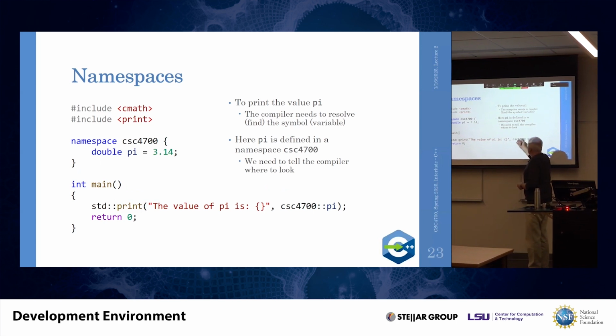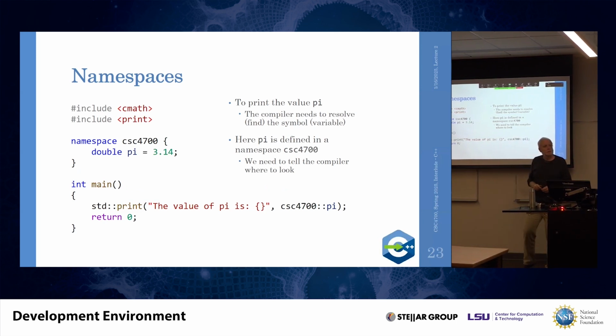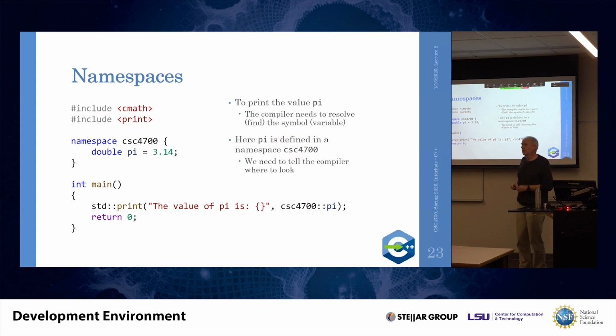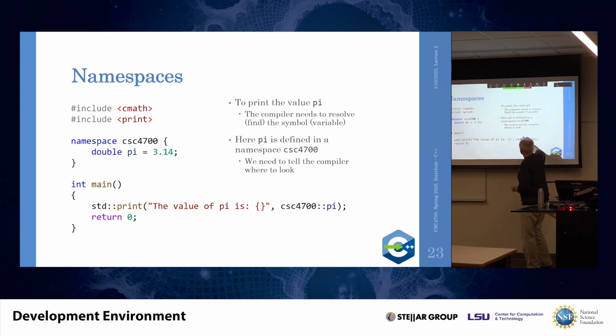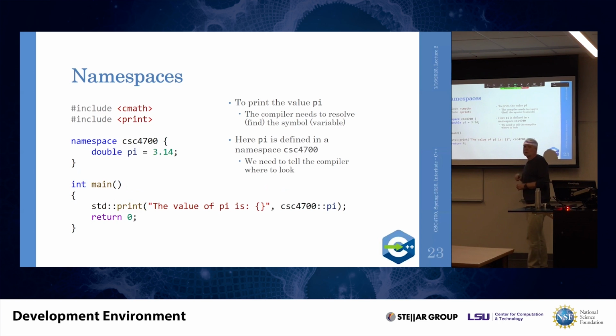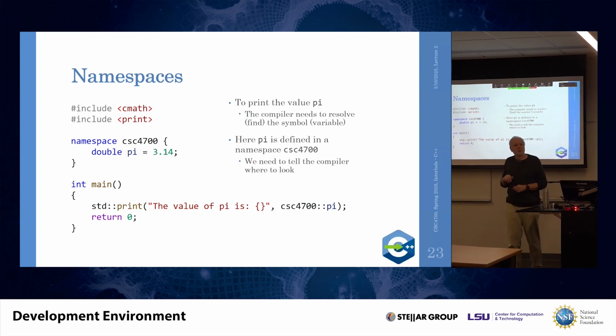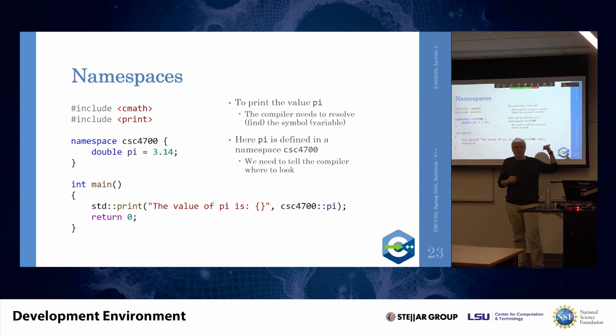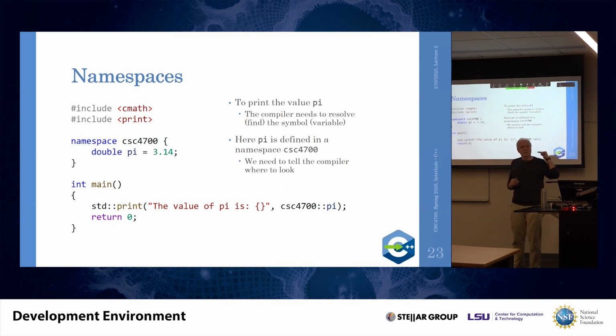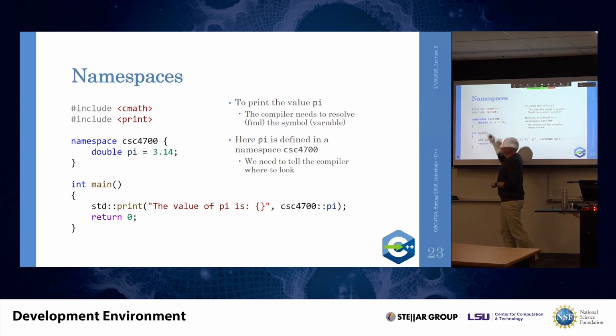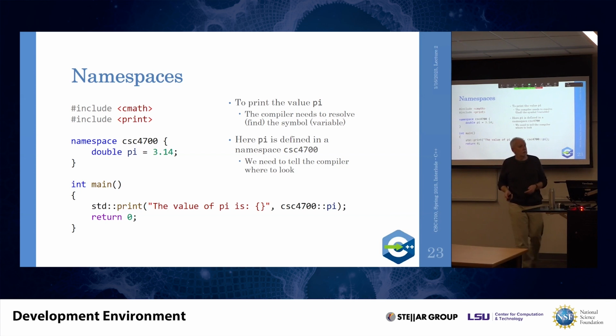That means I have to refer to pi using the namespace name as well. Otherwise, the compiler wouldn't be able to find it, because by default, if that wasn't here, the compiler was looking in the global namespace only. So it can only look upwards in the namespace hierarchy, but it can't automatically look downwards. That's why if we tell it, hey, that pi is actually defined in our namespace, then it will find it and will work with it.